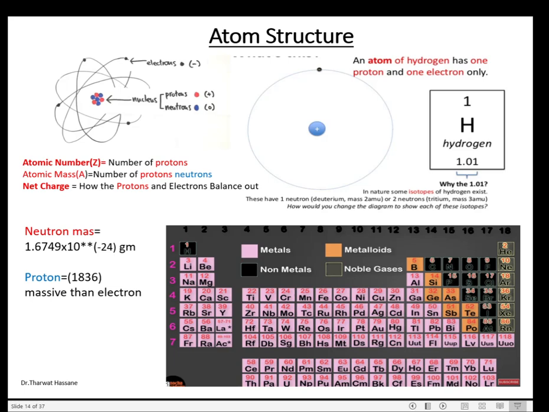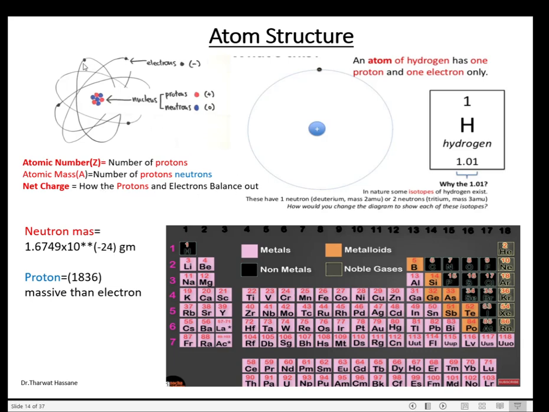Okay, what is the atomic mass? Atomic mass or atomic weight is the number of protons plus the number of neutrons together, the summation of them. The net charge is how the protons and electrons balance out.